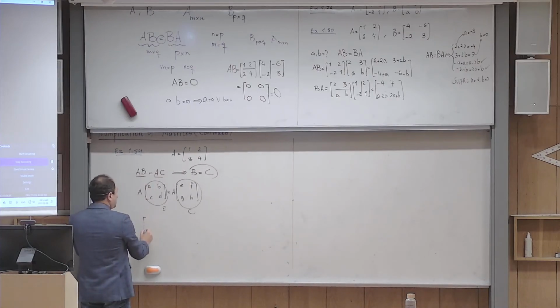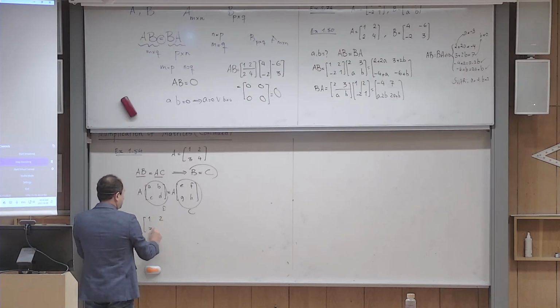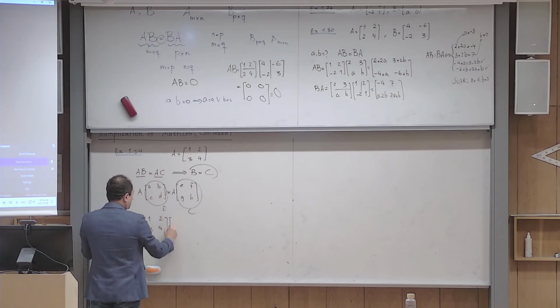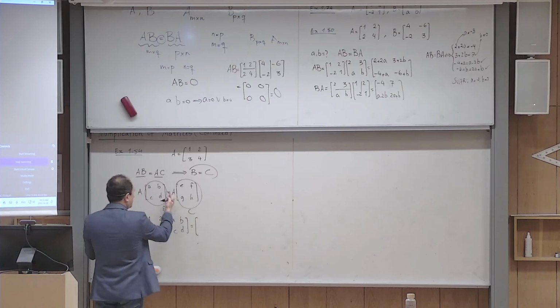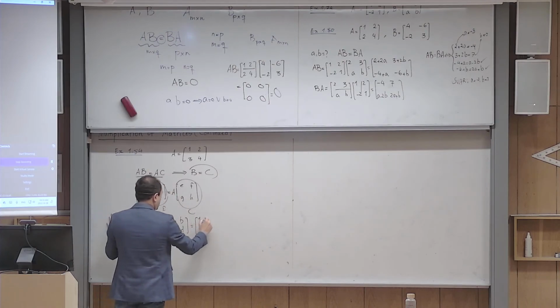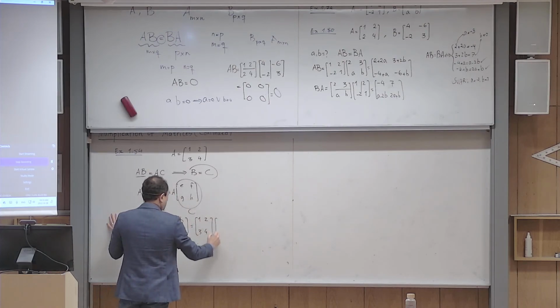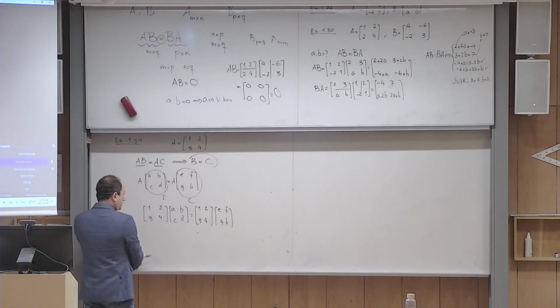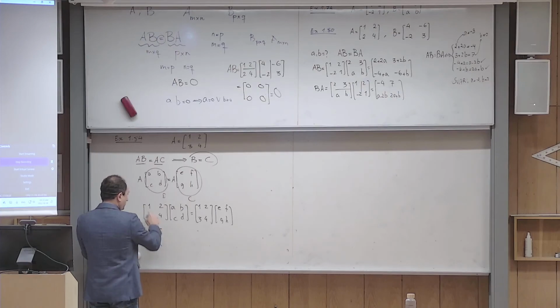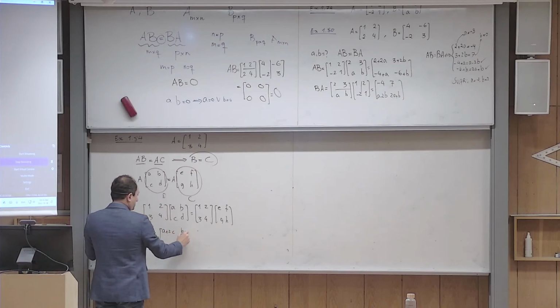So what should I do? Instead of A, I put [[1, 2], [3, 4]], and instead of B, I just put a generic matrix here. You are telling me that this product is equal to this product. So let us see what I can conclude. If I do the multiplication here, I get 1a plus 2c, then 1b plus 2d, 3a plus 4c, and then 3b plus 4d.